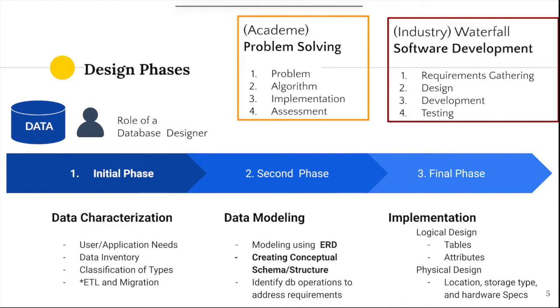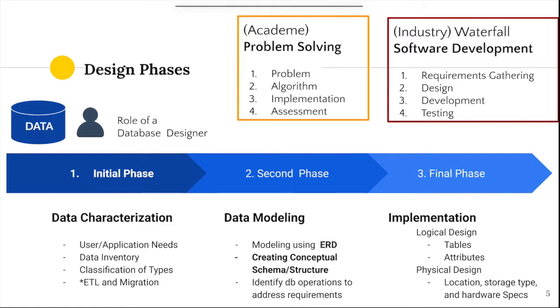The first phase is what we call the data characterization. First, we need to identify the needs of the application from the requirements gathering phase. And then we can list down all the types of data, all the information that we can get, and put it in a data inventory. And then we can also classify the types of data with respect to data type, data format.